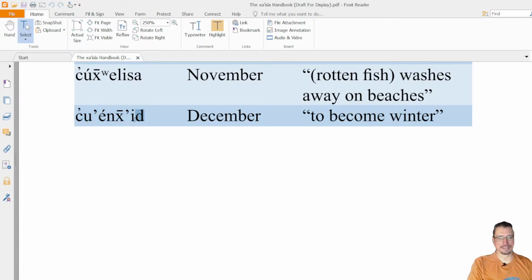Heid is, it won't highlight just the last 3 letters for some reason. Oh, there we go. So Heid means to become. So it literally means to become winter. So á'isla words are very literal in their meaning. They tend to be very descriptive.